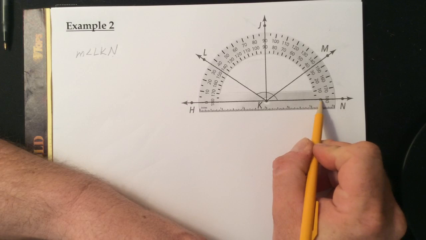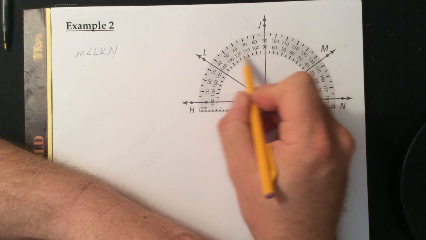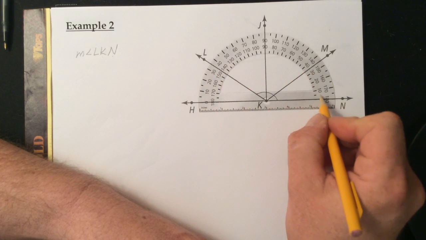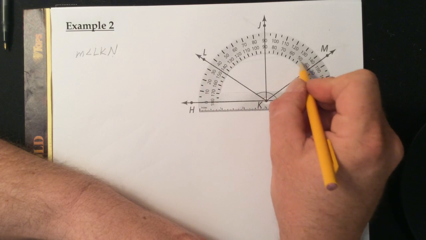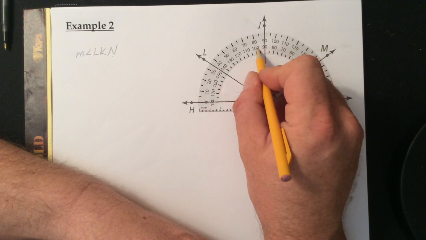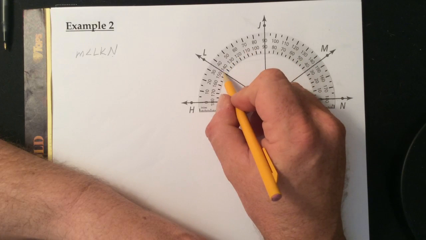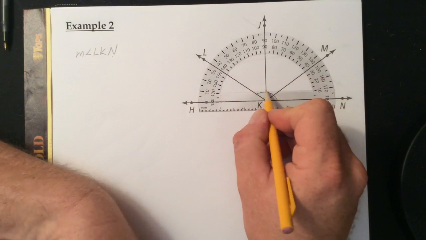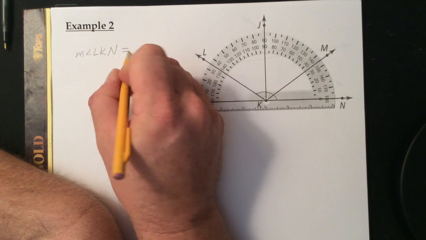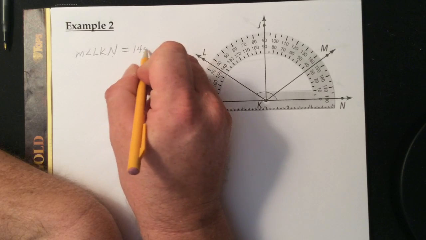Start at 0, go around until you get over to ray KL. So this is 10 degrees, 20 degrees, 30, 40, 50, 60, 70, 80, 90, 100, 110, 120, 130, 140, and it looks like it's at 145 degrees. So the measure of angle LKN is 145 degrees.